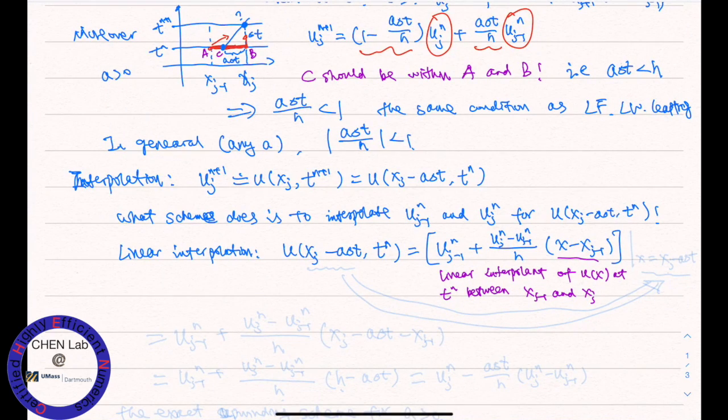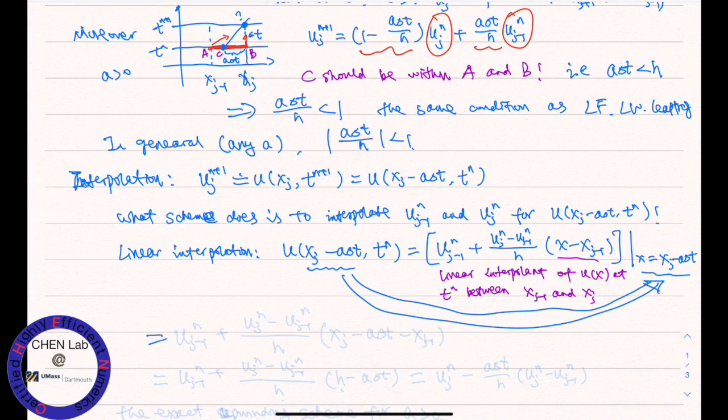That's a linear interpolation of these 2 points, but of course we're looking for xj minus A delta t, so you need to evaluate it. You have this variable x, and you evaluate it at x equal to xj minus A delta t, because we started out by looking for a value at a particular location. You shouldn't just give me a function; you should evaluate that function at that location. So what's that?